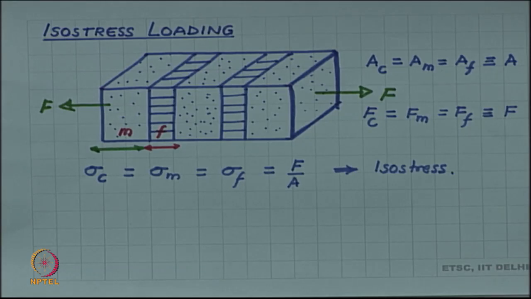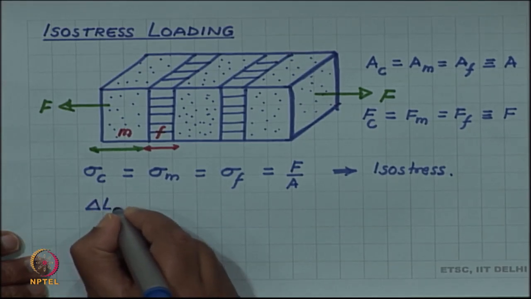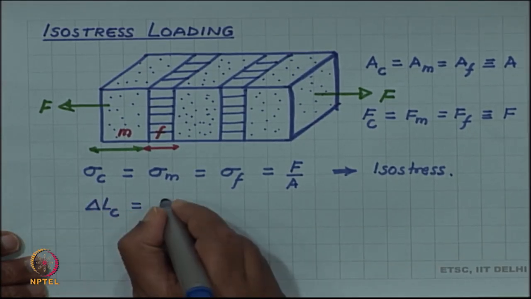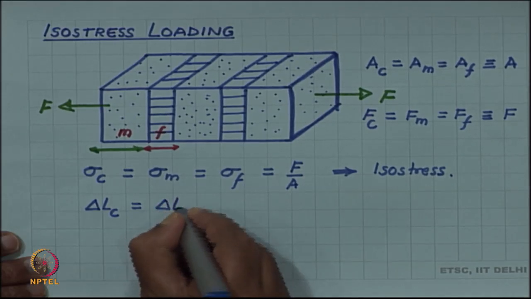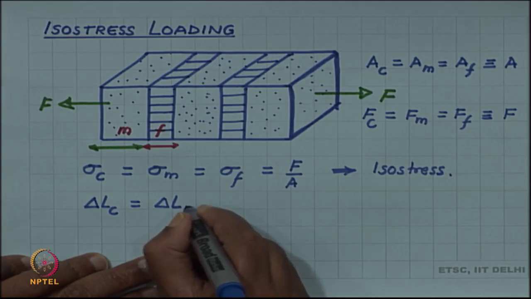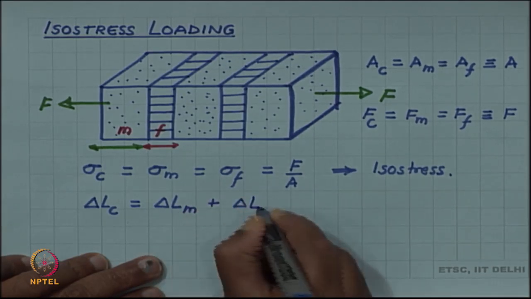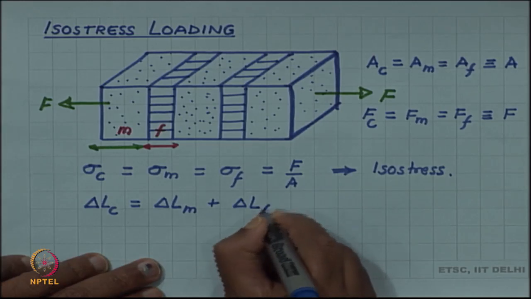So, the total elongation of the composite will now be the sum of elongation of the matrix and that of the reinforcement.